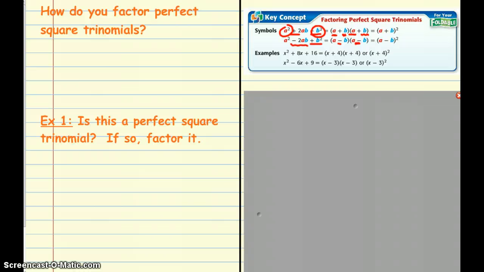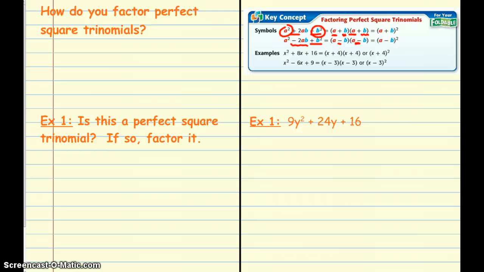There are a couple of examples also, but let's talk through example number 1. The first question is, is this a perfect square trinomial? And if so, then we're going to factor it. So we have 9y squared plus 24y plus 16. The first thing we need to do is decide if this is a perfect square trinomial, and to do that, we look at the first term. 9 we already know is a perfect square, and y squared, yes, that's a perfect square also.